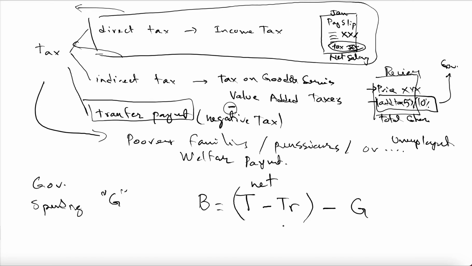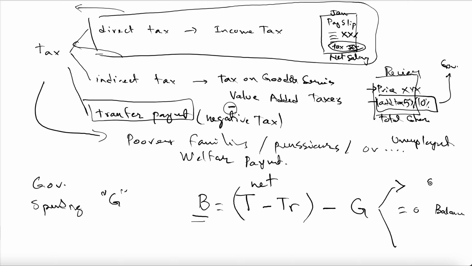Altogether is called the budget. Budget, there are three possibilities. It can be zero. This is called balanced budget. So the amount which the government is spending, including the transfer payments, matches the amount they charge their citizens.